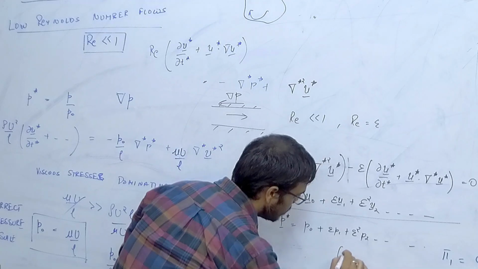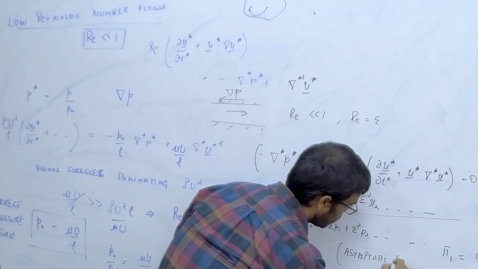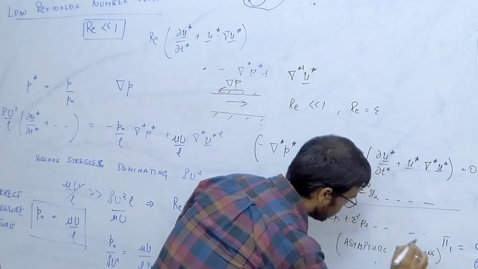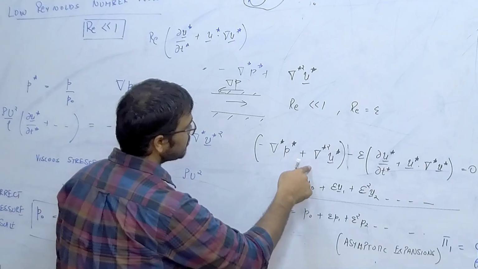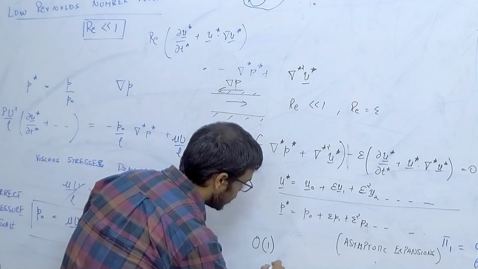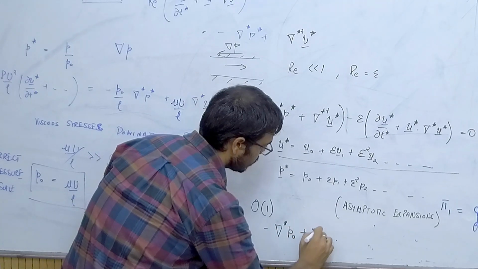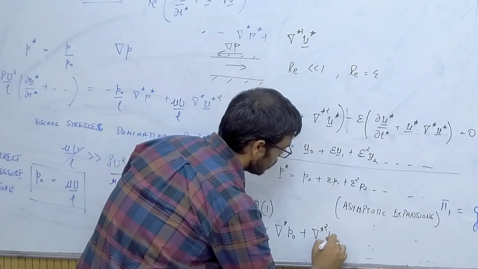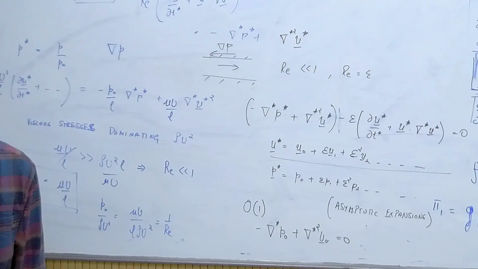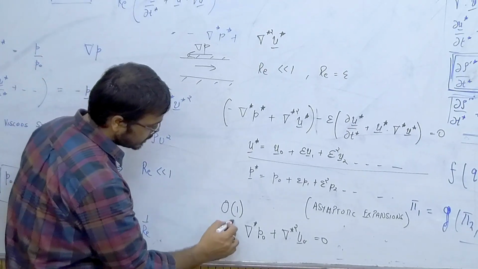These are called asymptotic expansions. And then we substitute here and we will get that at order 1 the low Reynolds number flows follow this equation.